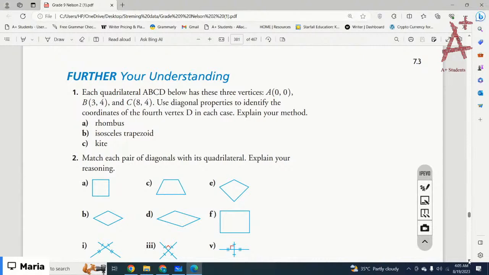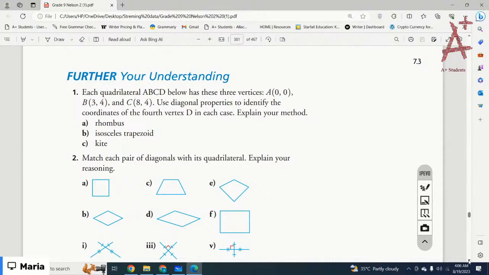Okay, so if it is a rhombus, so rhombus is a parallelogram, right?